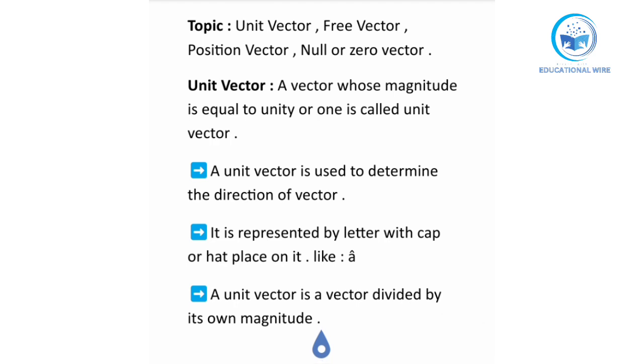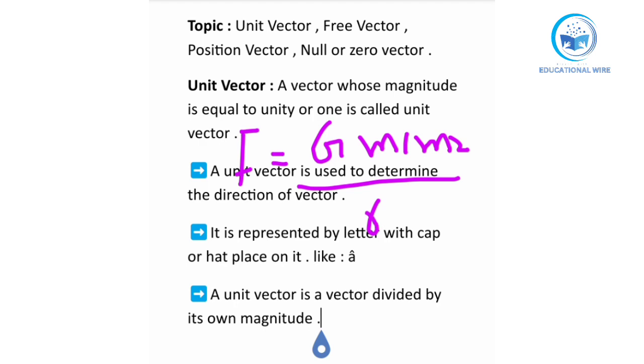Let's take one example over here. Here it said that a unit vector is used to determine the direction of a vector. How do we know that a unit vector is used to determine the direction? Like we are having F is equal to G m1 m2 upon r square.